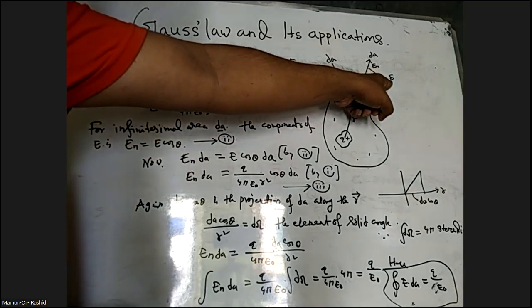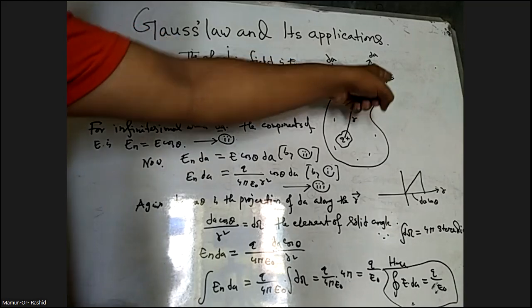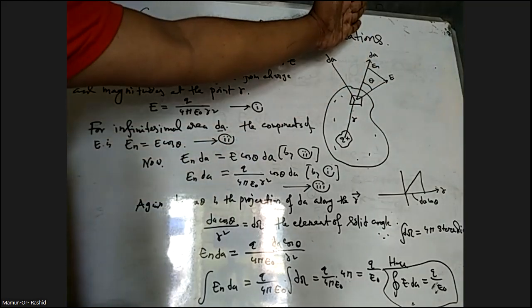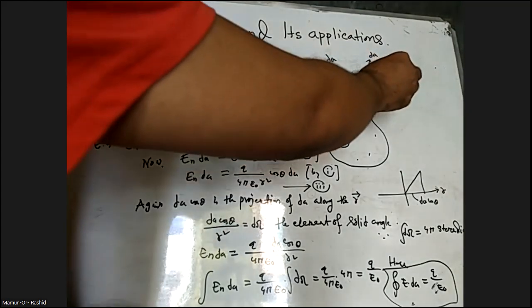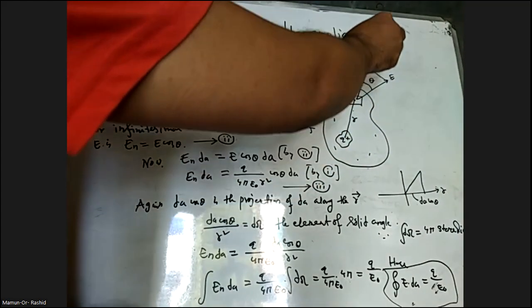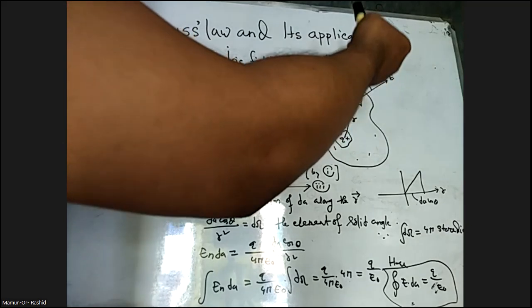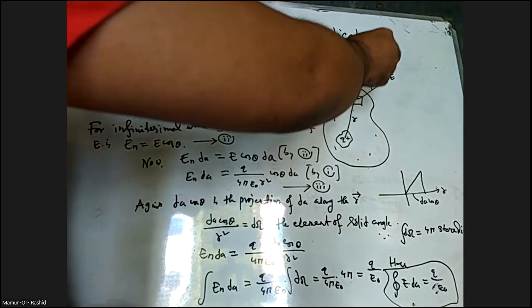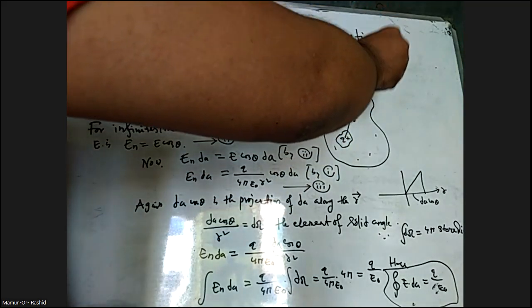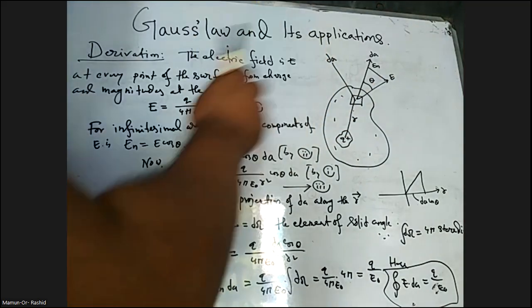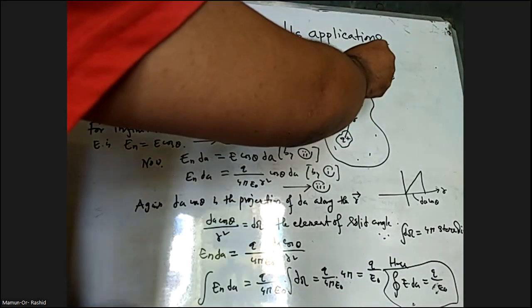We get two components of electric field, one along the base and another one along the perpendicular. So along the base will be what? dA cos theta.